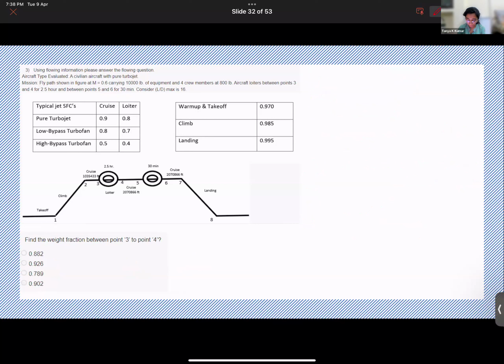Next question. Find the weight fraction between points 3 and 4. The endurance is given to you, right? It's a loiter. So what is the formula here? For the range case, for the cruise, we had the previous formula. For this, W4 by W3 is the exponent of minus endurance times specific fuel consumption over L by D max.